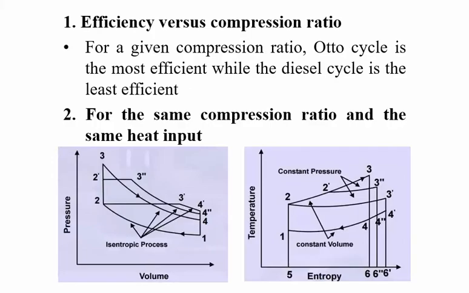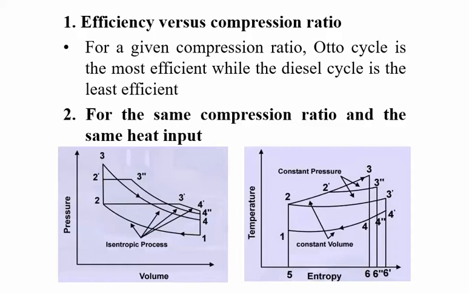We will discuss first the compression ratio. The Otto and the diesel cycle have different compression ratios as well as heat variation. The process 1 to 2 represents an isentropic process, for the same heat supplied if the compression ratio is the same.